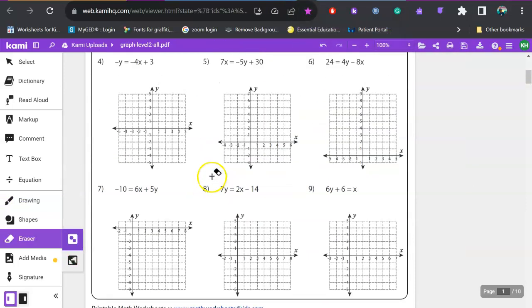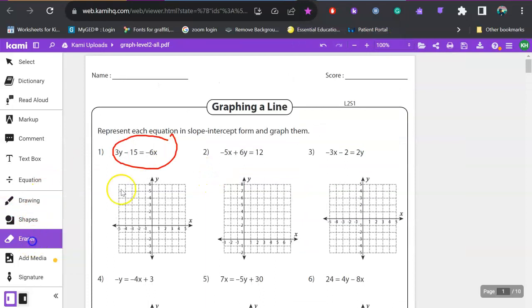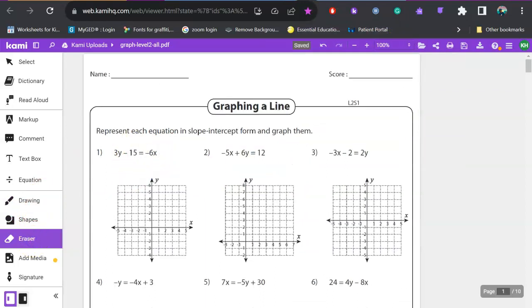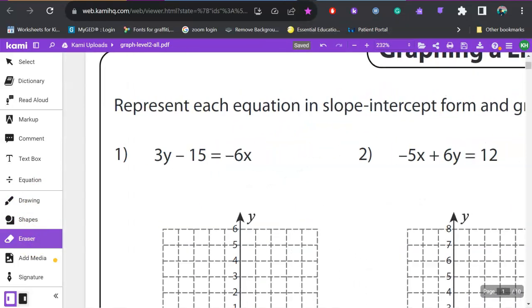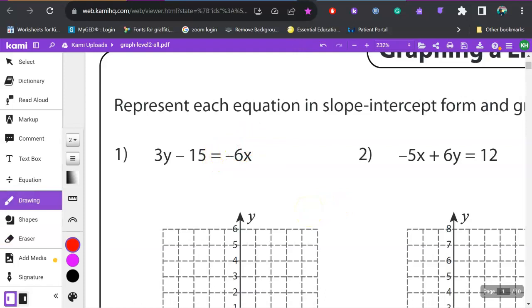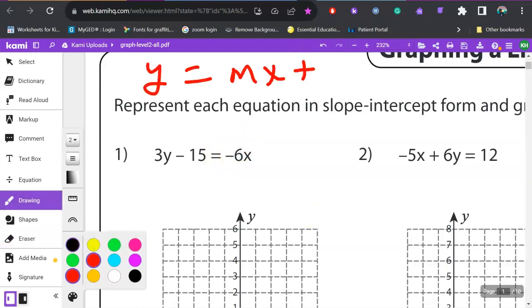But the problem, my friends, is that a lot of times we'll get questions in which the order isn't right. Look at this one: 3y minus 15 equals negative 6x. Huh? Now we can tell that it's not in the right order. We don't see it as y equals mx plus b. Things are not in the right place. So this is the first step in solving these slope-intercept form questions.